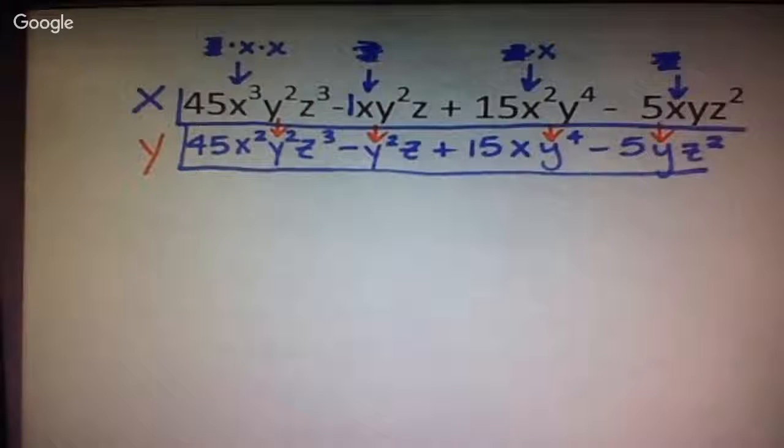So I can take 3 of them out, because that's what they share in common. You always want to take the smallest amount out. Because my smallest amount here is just one of them, that's what I'm taking out. That makes sense? If the y had a 2 on it, you would just write it out. So I'm removing one y.